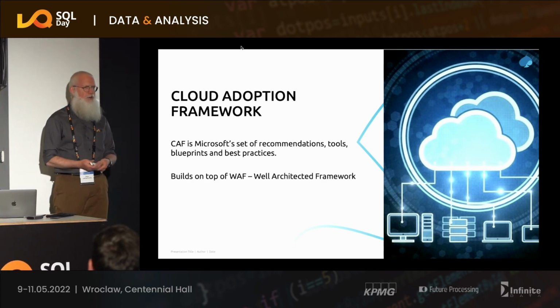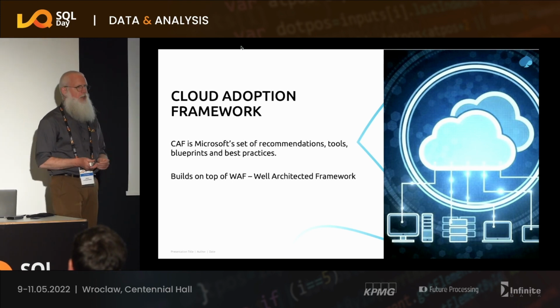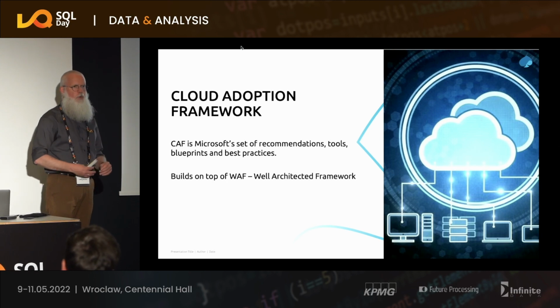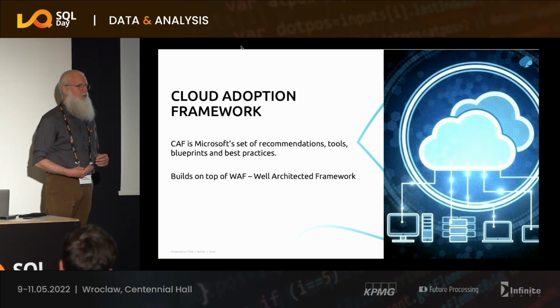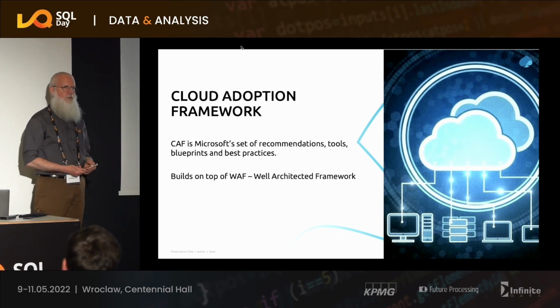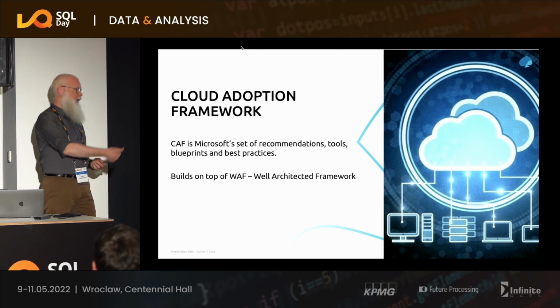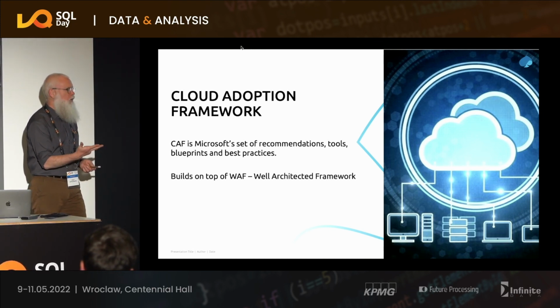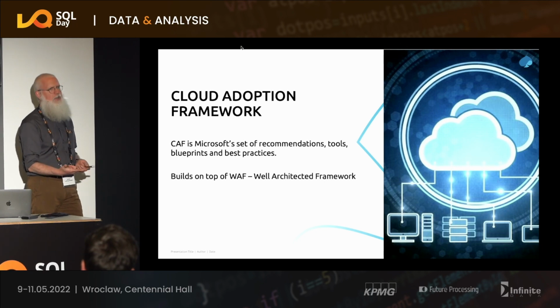So another three-letter acronym, but the Well-Architected Framework are the architectural principles and best practices that Microsoft recommends you to follow when you implement an Azure topology. And one of these is, of course, you need to think about network, you need to think about security, you need also to think about costs and cost management.